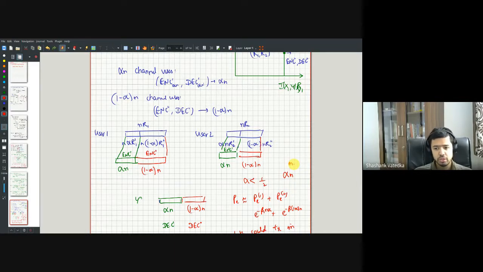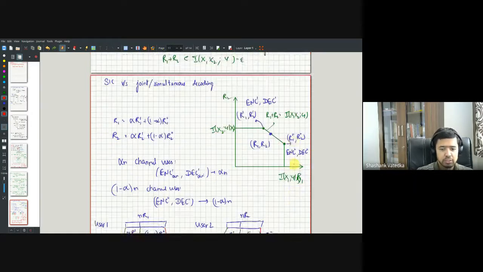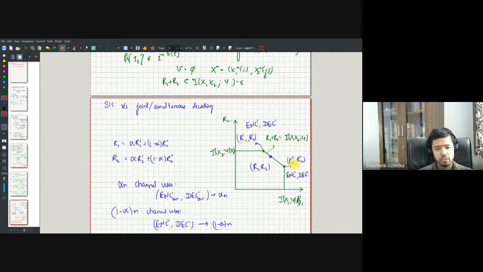So if you do joint decoding, you can achieve the same rate as with successive cancellation decoding, but with a much lower probability of error. And that is typically why in many scenarios people go for joint decoding over successive interference cancellation decoding.